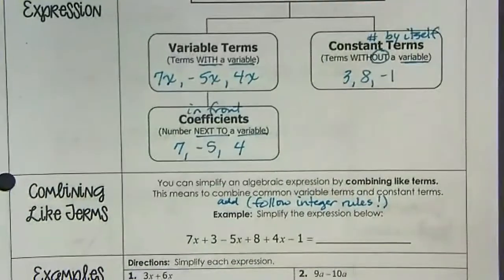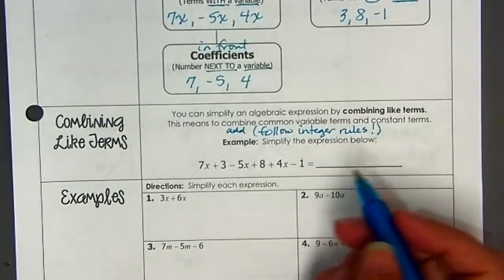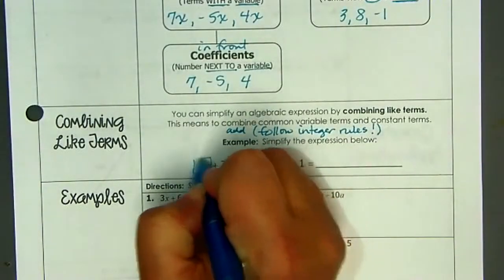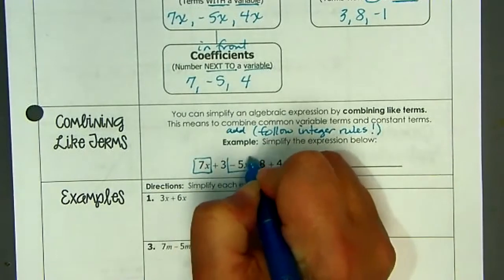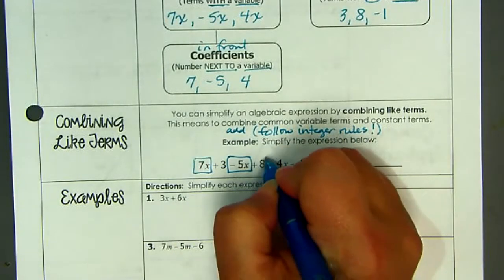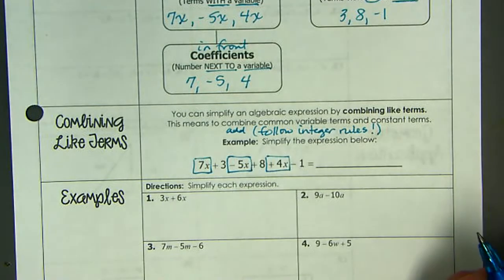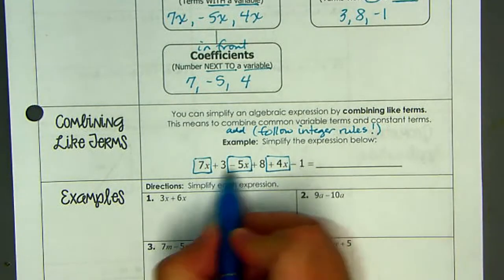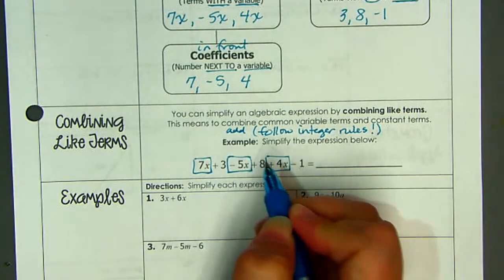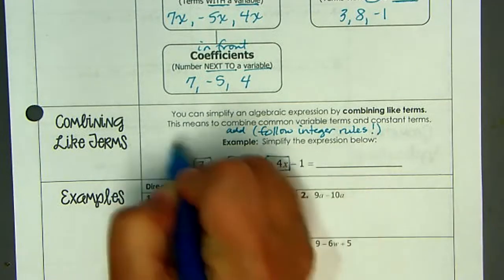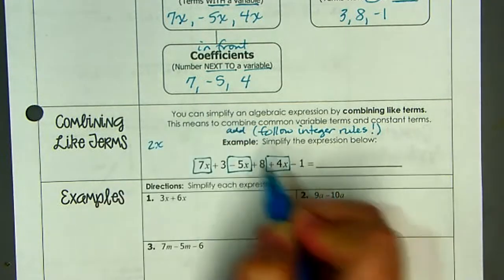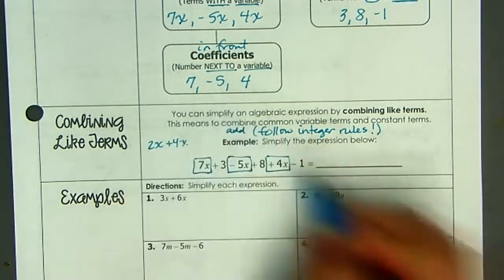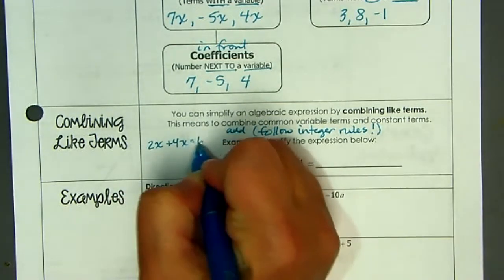Let me zoom this in a little bit. Ooh, too much. There we go. Okay, so if I'm combining these, I've got the 7x plus the negative 5x plus the 4x. If I combine those together, that's going to end up giving me 2x plus 4x, which gives me 6x.